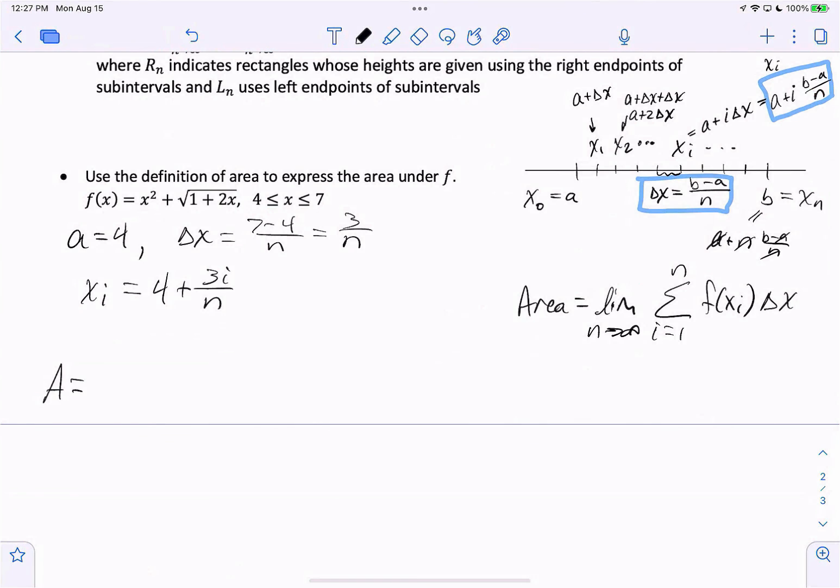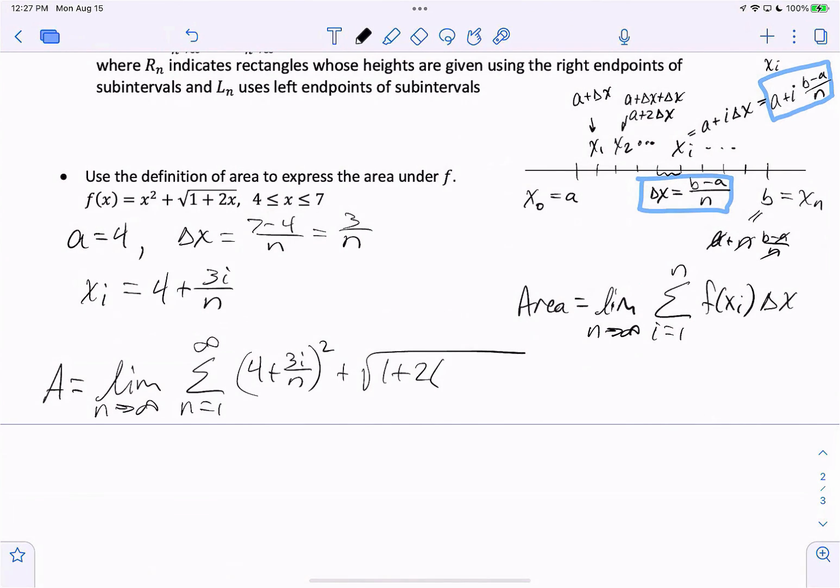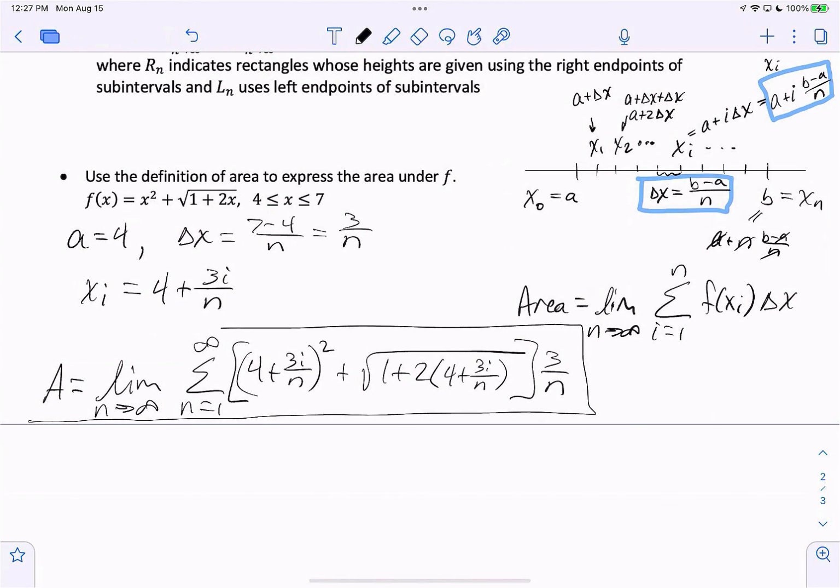Our area is then the limit as n approaches infinity of the sum as i goes from 1 to n of the quantity 4 plus 3i over n, squared, plus the square root of 1 plus 2 times 4 plus 3i over n. All that times delta x, which is 3 over n. There's a limit expression for the area described here.